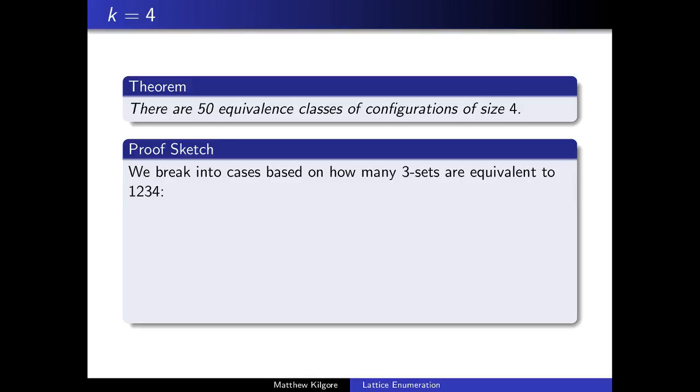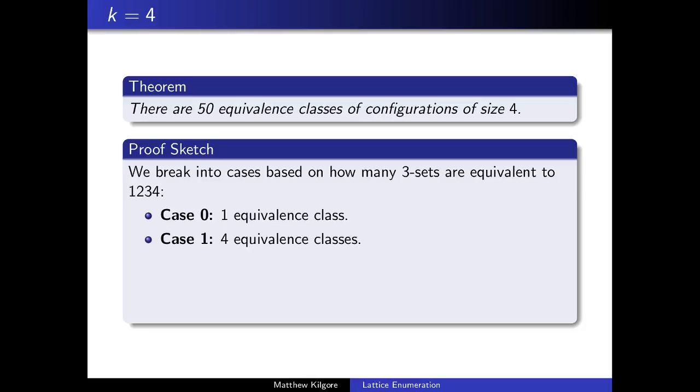And yes, we're writing 1234 for the set containing 1, 2, 3, and 4. We do the same throughout after this. If 0 of them are equivalent, then there's only one equivalence class. Because of unioning, we can really only have things being equivalent to themselves.